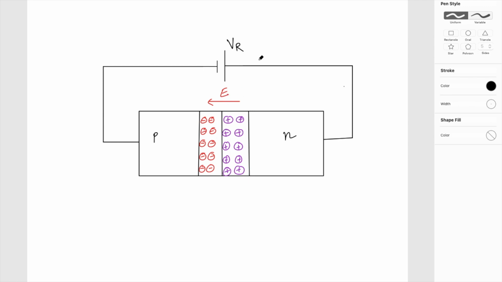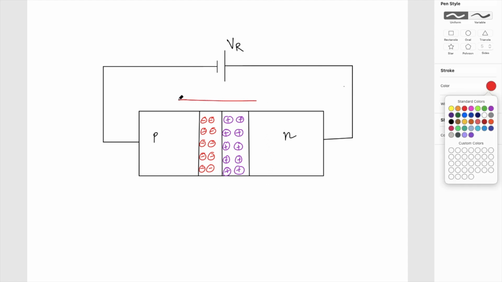A potential VR is applied which is in favor of this electric field, and because of which the electric field is going to increase, and this depletion charge region is going to become wider. Okay, so it's going to become larger.